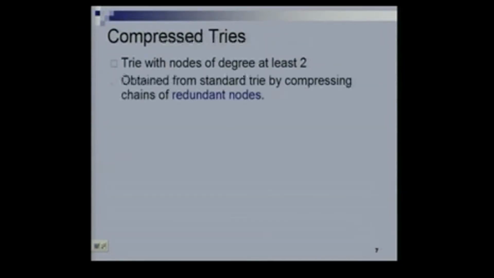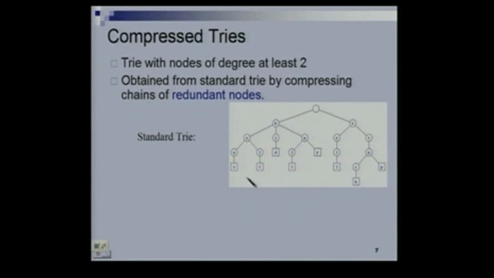So we'll do the following. We are going to look at all nodes of the trie which have degree only 1, and remove those nodes. By degree 1 I mean nodes that have only one child, and I am going to compress those nodes. If this is my standard trie, there are a whole lot of nodes here which have only one child.